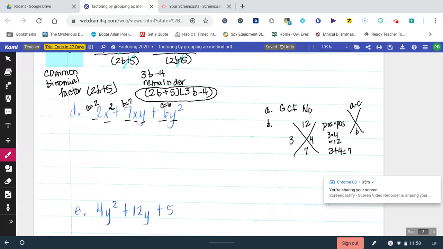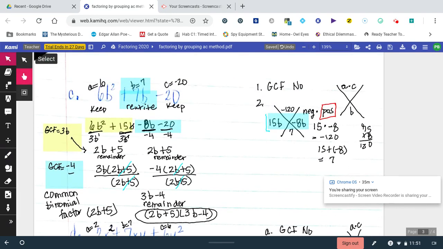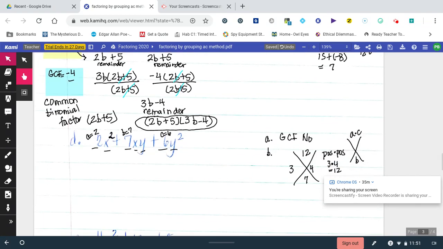Now I need you to go back up here and look at something. Your middle term has an x and a y in it. Okay, just like in the example prior to, the middle term had a b in it. And what we did is we rewrote the middle with a b. So since our middle term down here on D has an x and a y in it, we're going to rewrite this over here with an x and a y, okay?